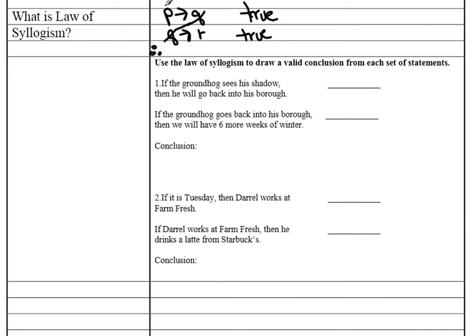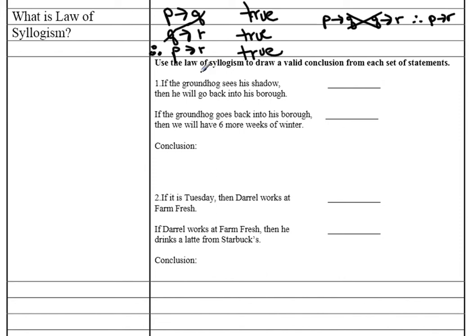We can conclude that P then R is true. So it's actually, if you remember the transitive property of geometry or of algebra, when you had the two ideas back to back, then you could cross out the middleman and you were just left with the first and the last term.